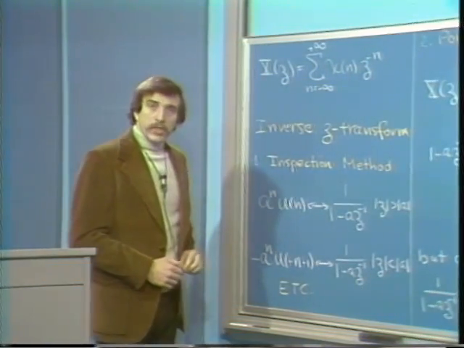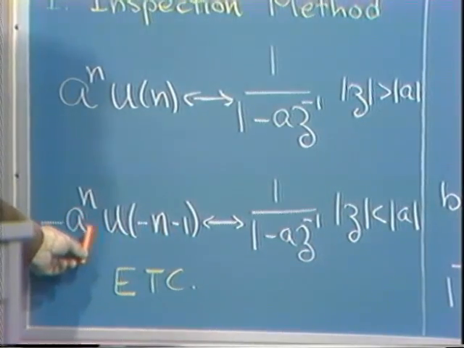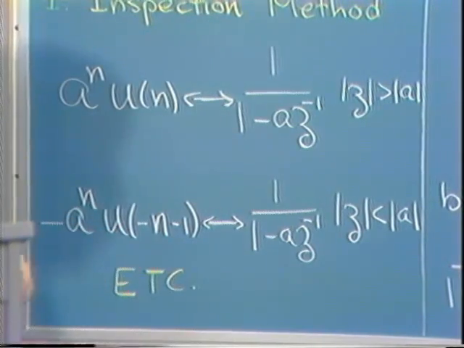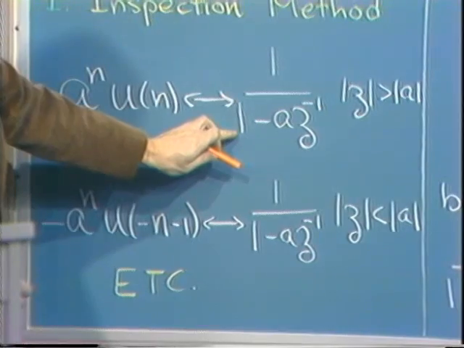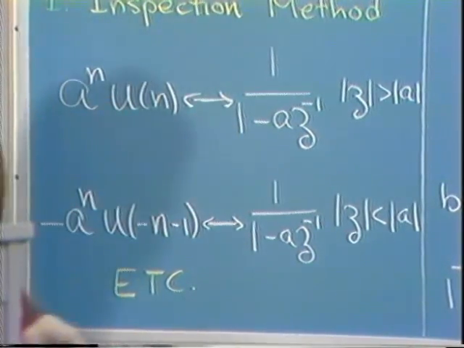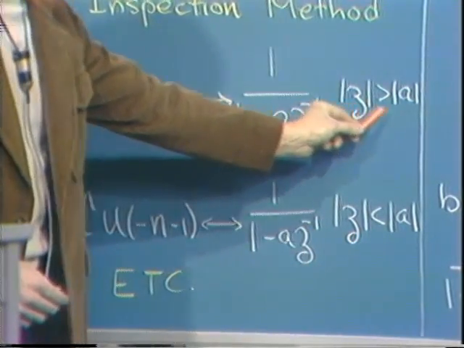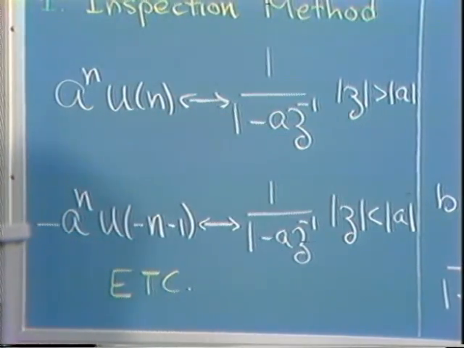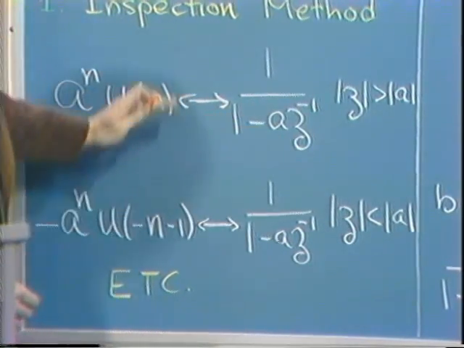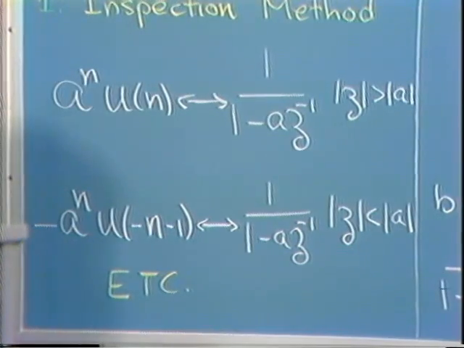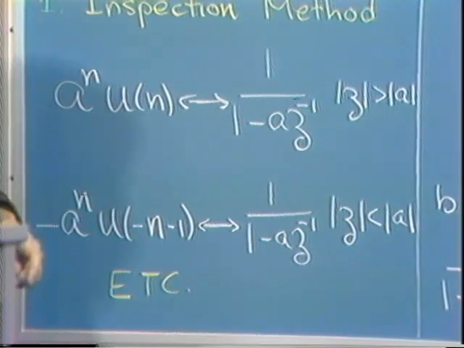Another example that we've worked several times now is the exponential sequence which is left-sided, that is 0 for n greater than 0, generating the same ratio of polynomials as in the right-sided exponential, but with a region of convergence which is the interior of a circle, rather than the exterior of a circle. In fact, it was the comparison between these two Z-transforms that caused us to focus in the last lecture on the importance of the region of convergence.